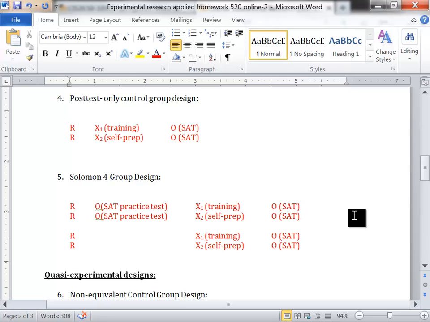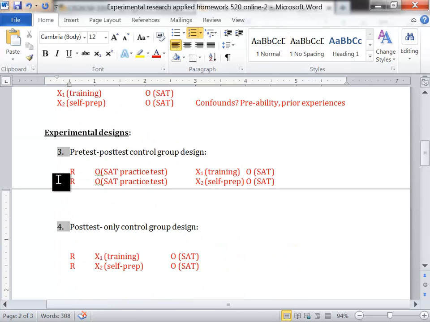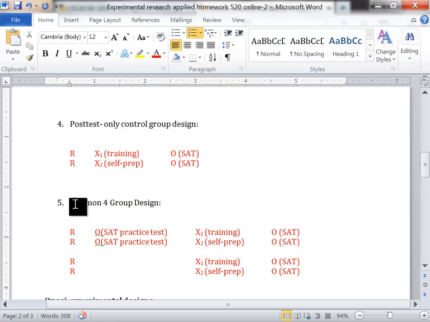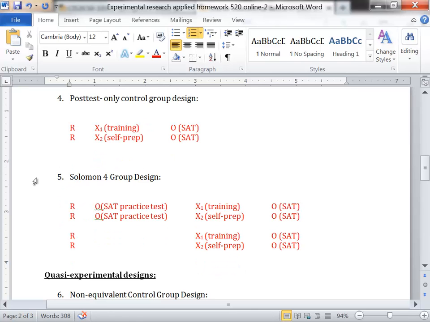So in many ways, the Solomon 4 group design is designed to address those kind of issues amongst those two tests, but the issue with the Solomon 4 group design itself is that you need many more participants in order to get the numbers, because you essentially have 4 groups that you are placing people in, 4 randomized groups.